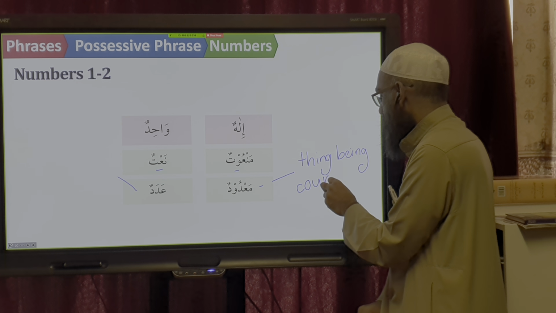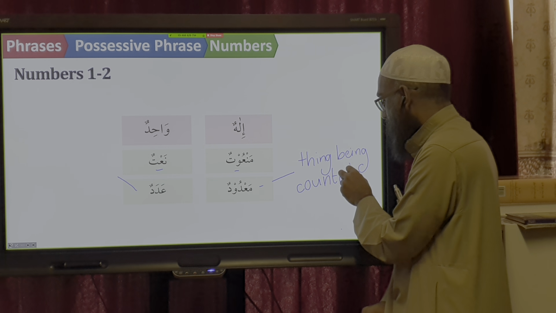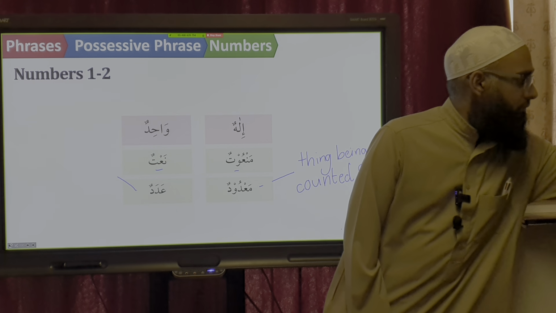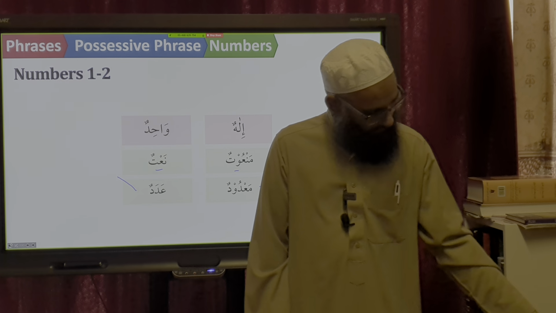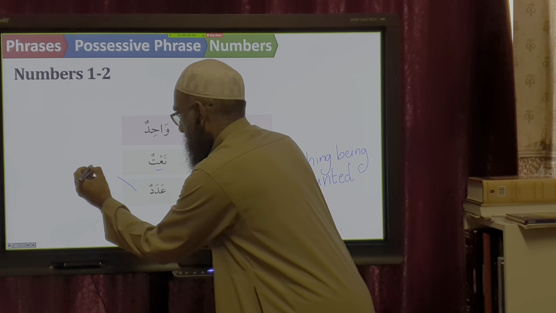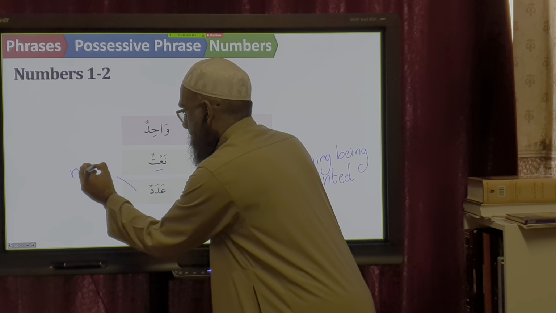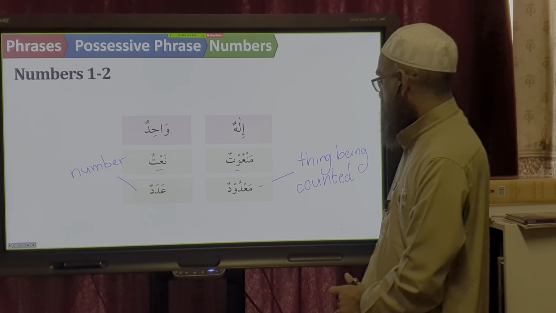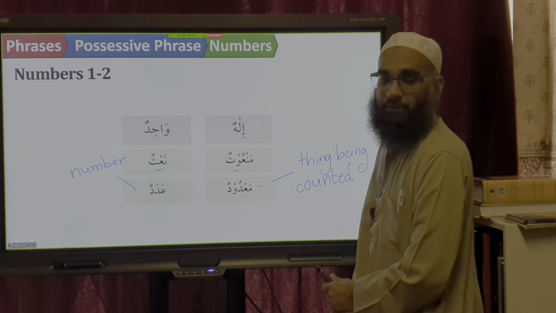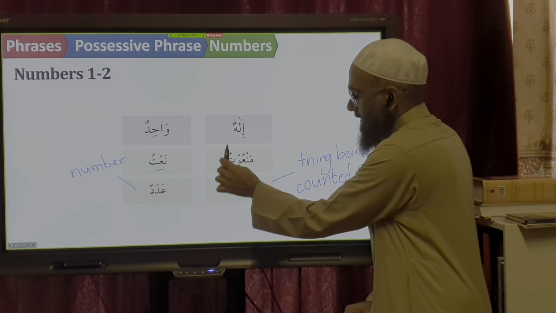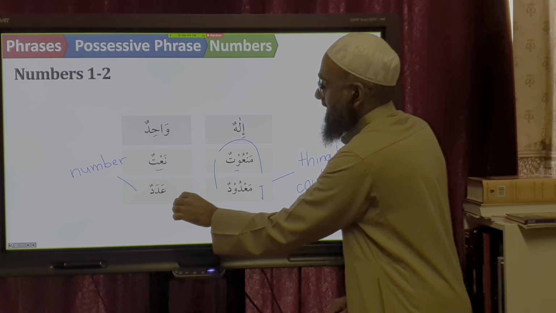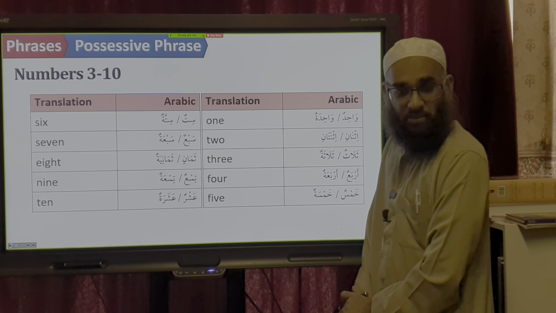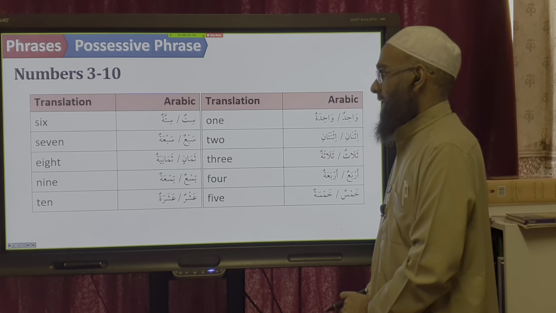And the adad is the number. So you have ma'dood and you have adad. You have to label what is being counted and the number itself. Okay? That's easy? Right.